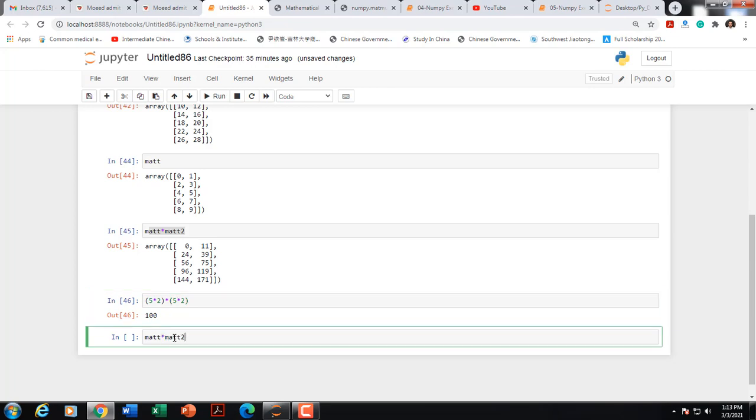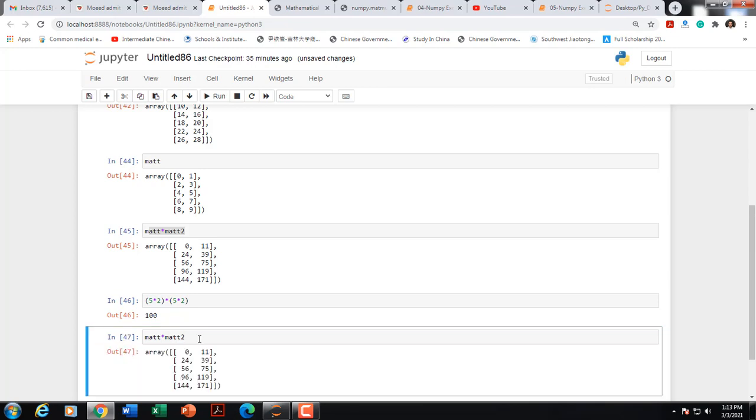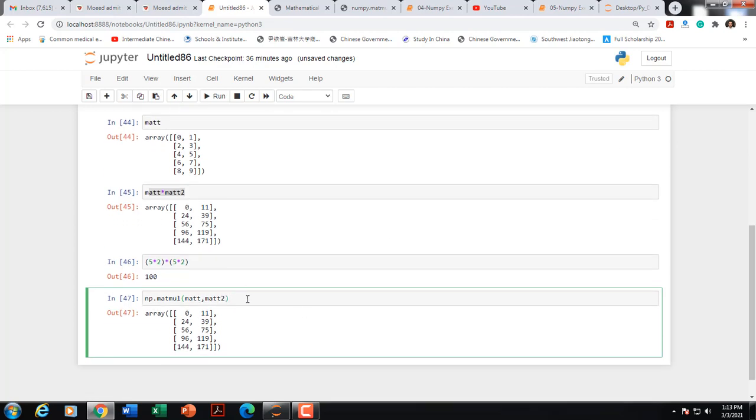Because of this, NumPy only multiplies them element-wise, but proper matrix multiplication can be carried out using a NumPy operation called matmul. What matmul does is that it takes two arguments, which are my two matrices, and it multiplies them together using the matrix multiplication that is normally carried out in algebra.